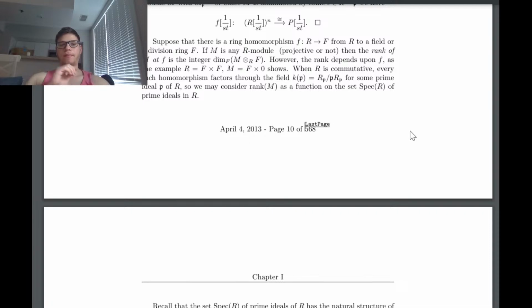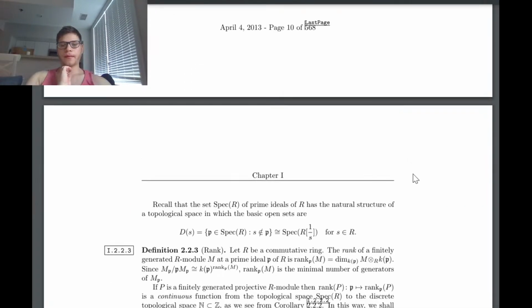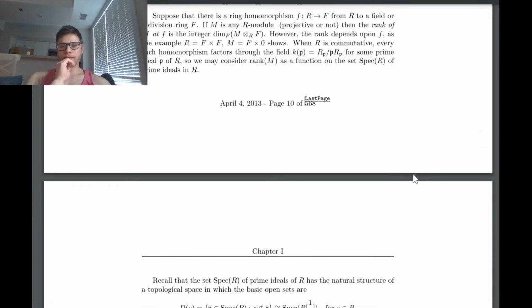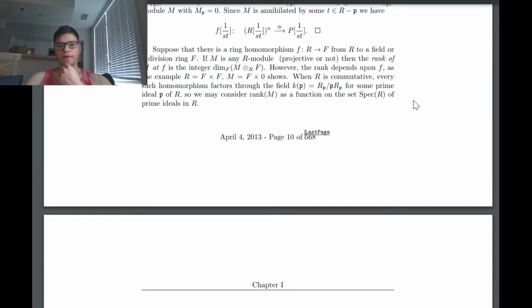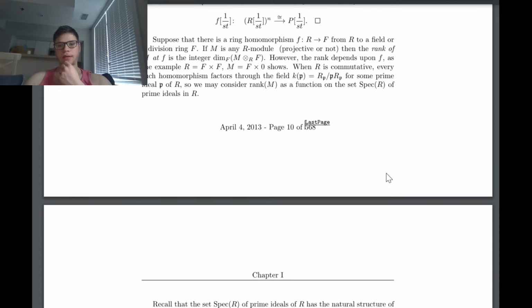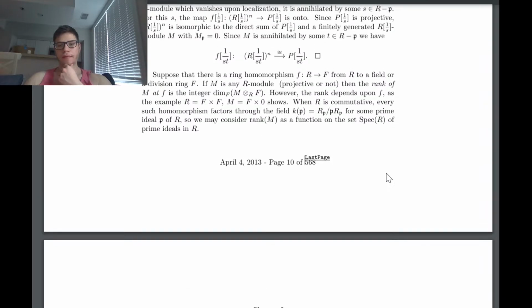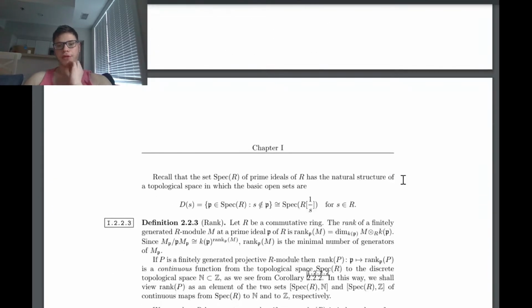Then you have the projection map, and then, of course, if you take the field of fractions, that's still going to give you a map. So yeah, okay, cool. It's still weird that it depends on F. It feels like it shouldn't, but it obviously does, because the way you extend scalars changes things.